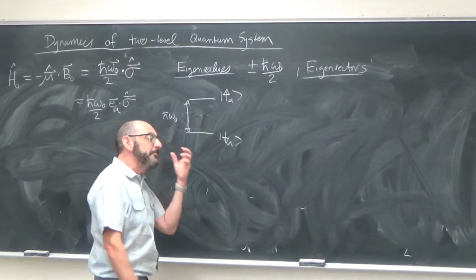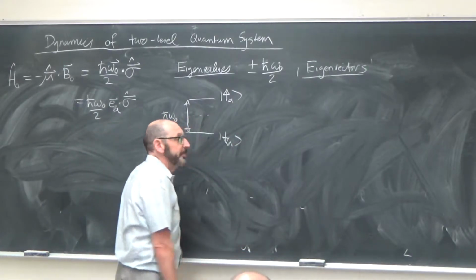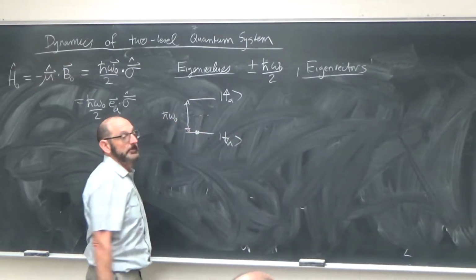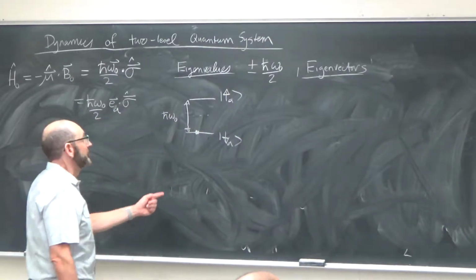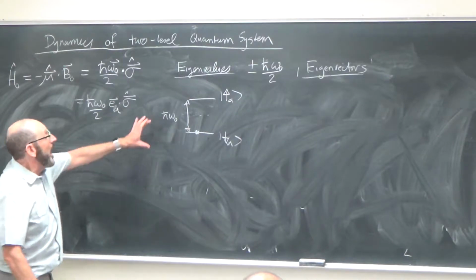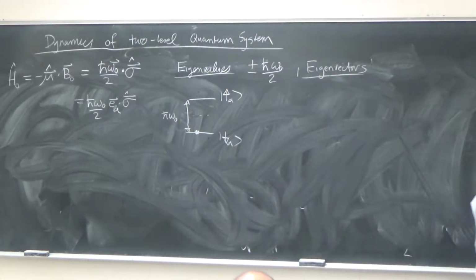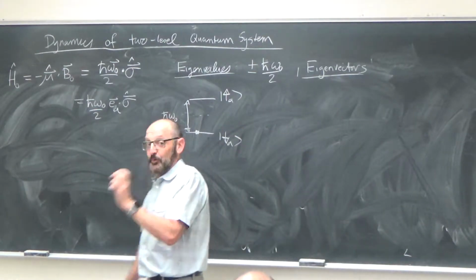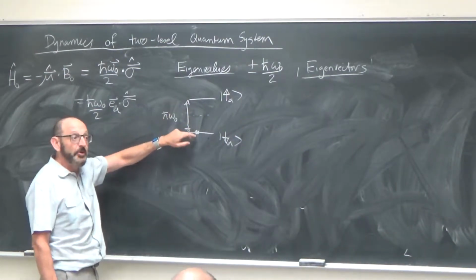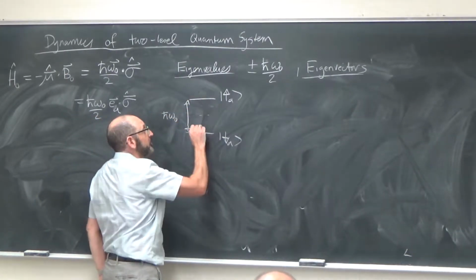Now, if I want to drive the system, say I prepare the system spin down, and I want to drive it to spin up, what could I do? Well, I can try to apply a magnetic field that is oscillating with time so that the frequency of my oscillator is on resonance or close to it with that transition. And think about this from the point of view of absorption.